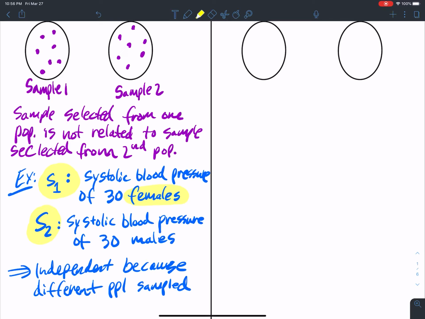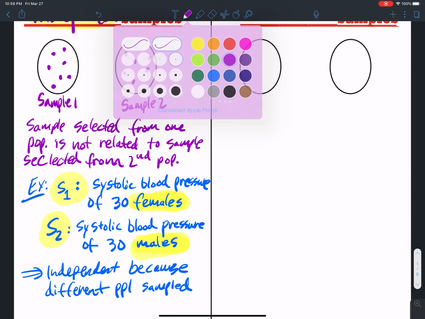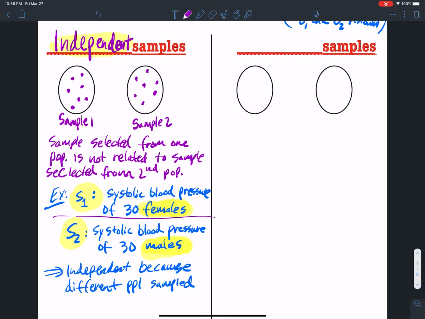You're not going to be in group 2, which were all the males. So those are independent of each other. One person's blood pressure is not going to affect the blood pressure of some other person, unless they're living together and married, right? Okay. So we're assuming they're independent. So those are examples of 2 independent samples.